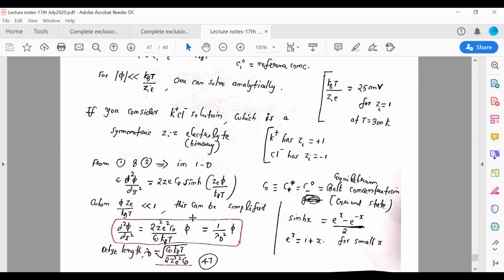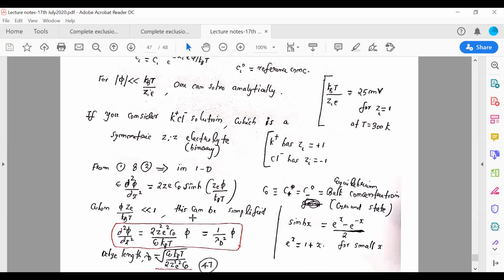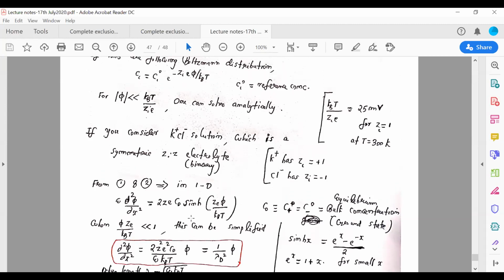So it essentially means that you can't discuss this physics if you have voltages, surface potentials, which are much larger than this.